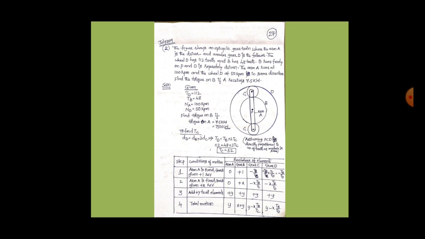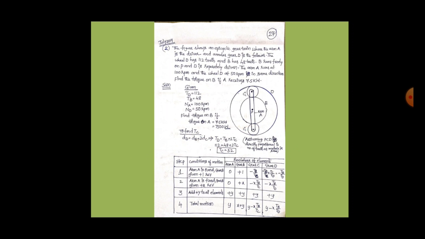Find the torque on B if A receives 7.5 kilowatts. How much torque is required on B?